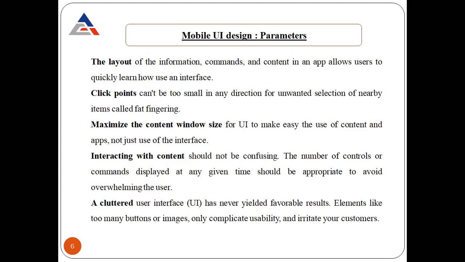The click point can't be too small in any direction, because of unwanted selection of nearby items, called fat fingering. What fat fingering is: you want to click on some particular symbol, but the symbols are so small that instead of clicking on that particular symbol, some other symbol gets clicked. So every symbol should be a distance apart so that the user can easily select that particular icon.